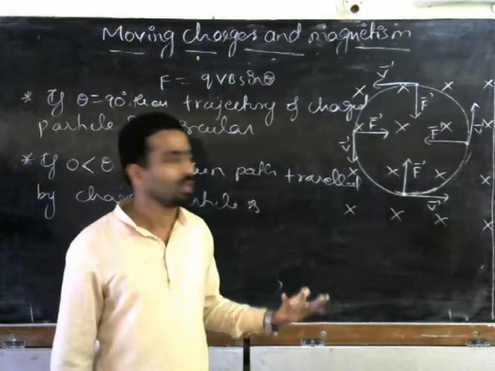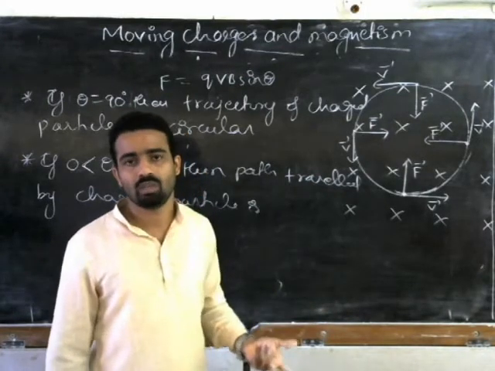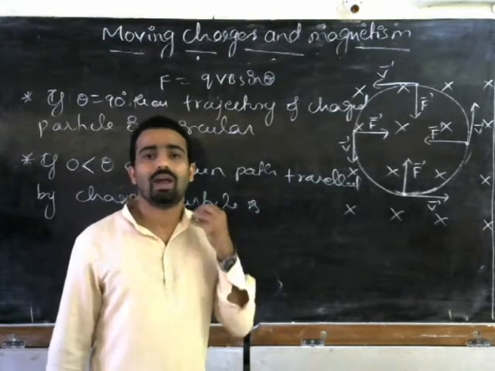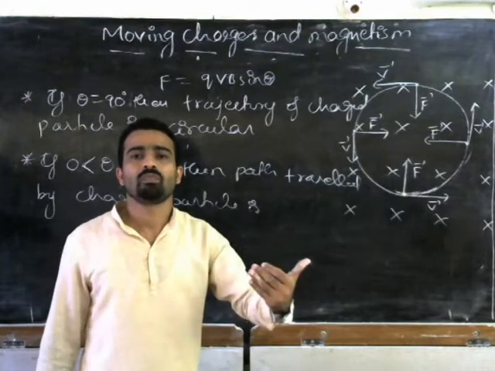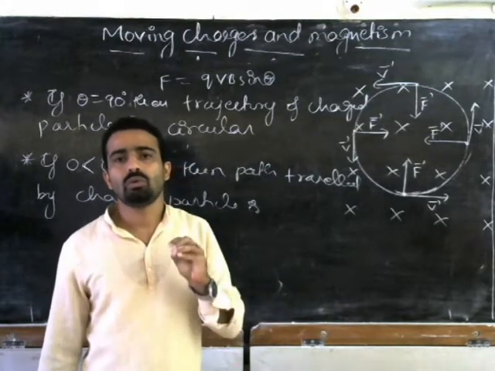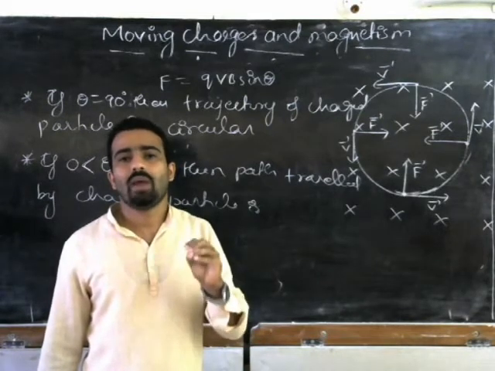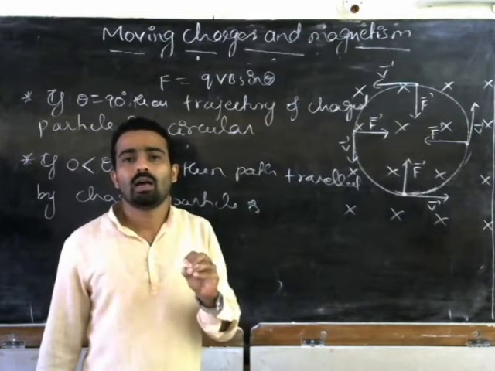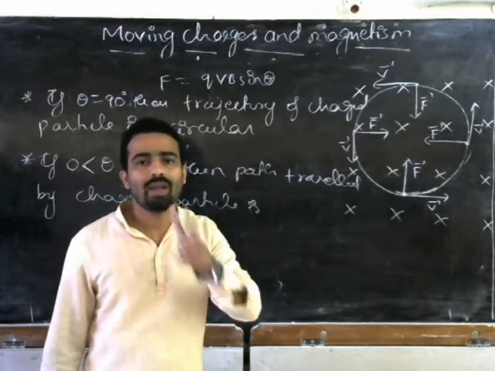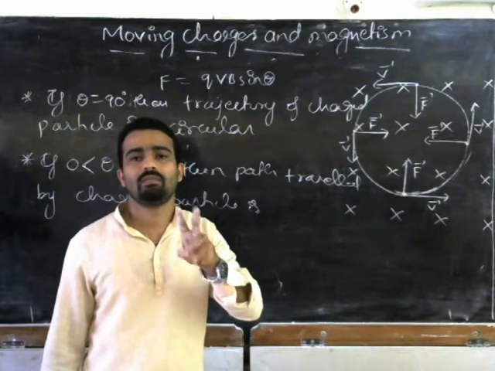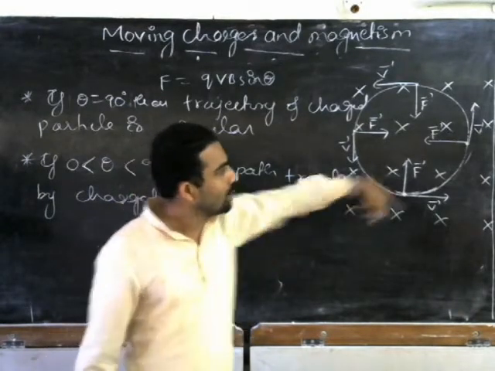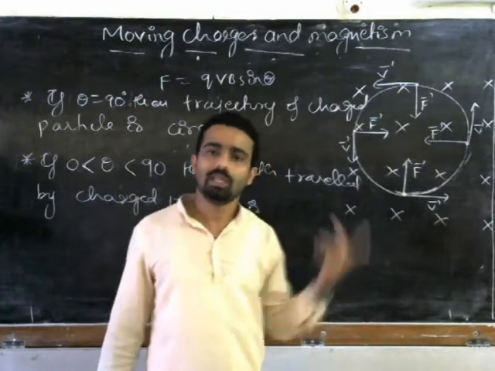That means there is an acceleration, because acceleration is a vector quantity that has magnitude as well as direction. If you want to call a quantity a vector, you should have two things: some direction as well as some magnitude. Here the magnitude is not changing, but the direction is changing.